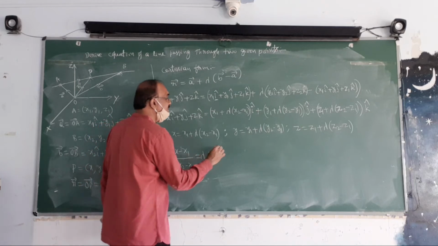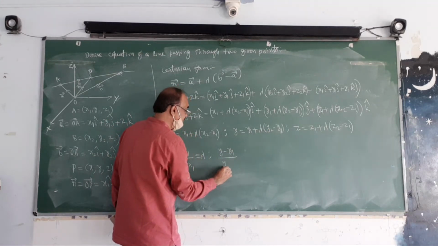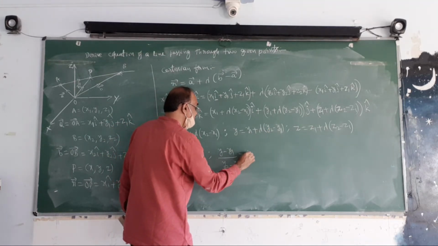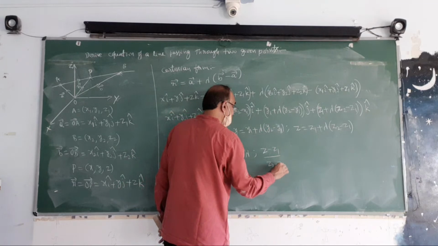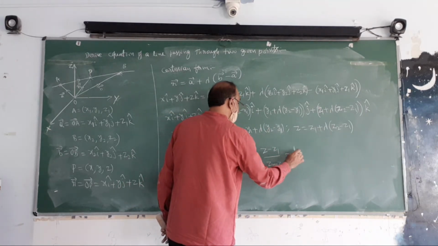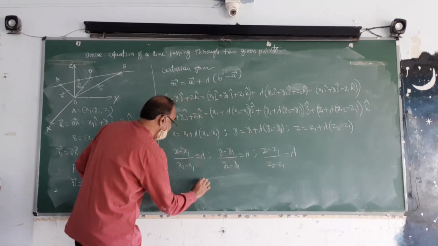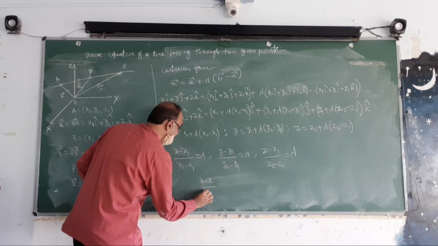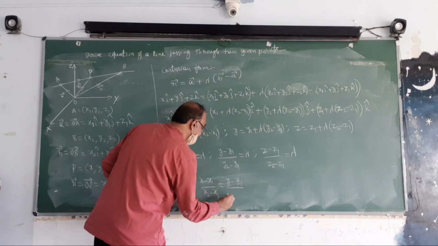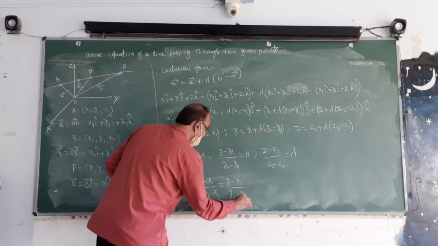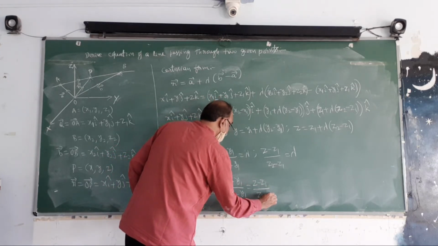One more step: y minus y1 divided by y2 minus y1 equals lambda. z minus z1 divided by z2 minus z1 equals lambda. So now you replace this lambda. All these things must be equal. That is x minus x1 divided by x2 minus x1, y minus y1 divided by y2 minus y1, z minus z1 divided by z2 minus z1.